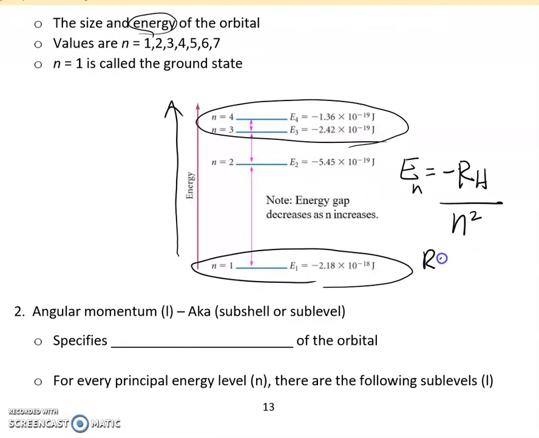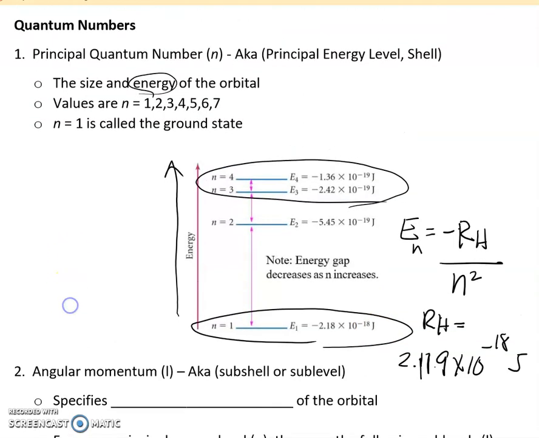And again, R_H is going to equal 2.179 times 10 to the negative 18 joules. So we can get the energies for our different energy levels through that formula. So that is our n, our principal quantum number, or the principal energy level.